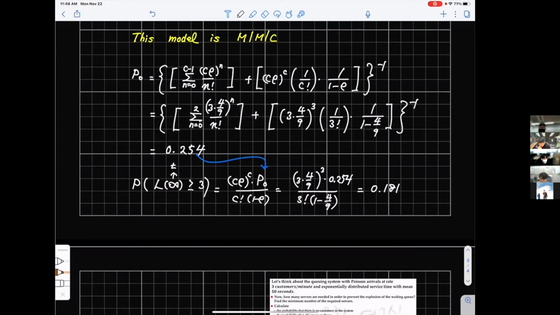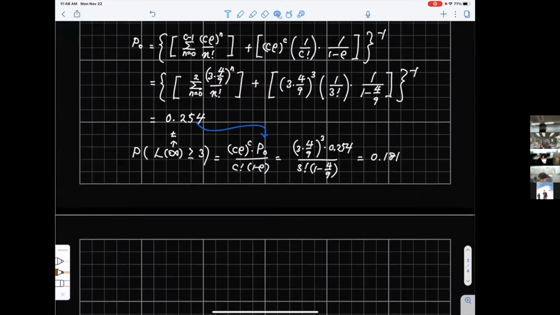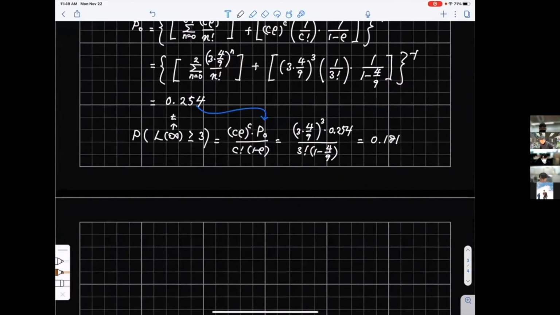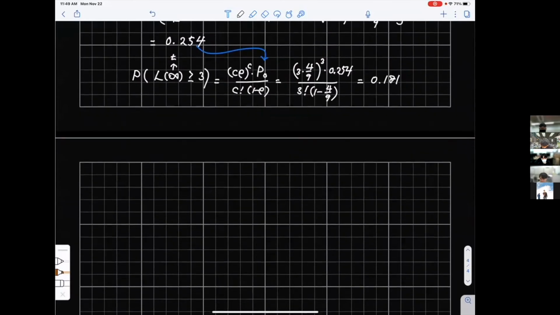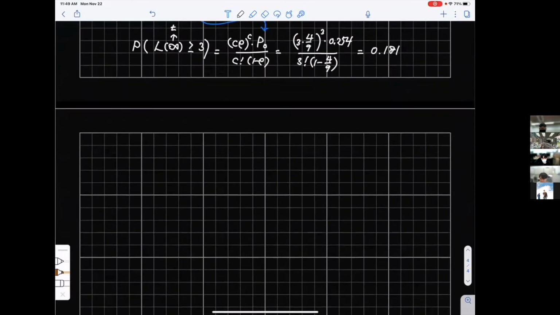In my case, I have used 3 effective digits. So we have calculated P0 and the probability that the customer number is over 3. Then the remaining calculation is not so complex. The queue length is like this, 0 plus, and now insert each value.